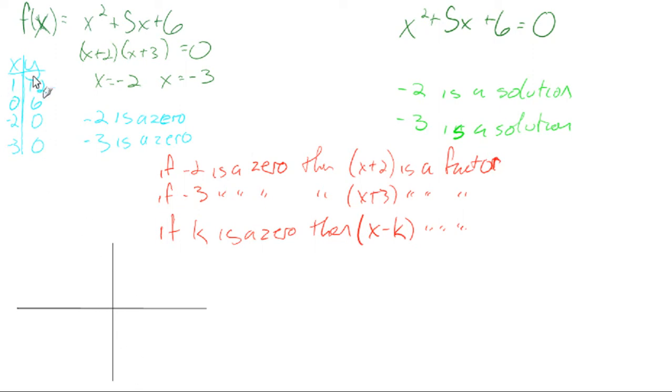So, we have a few solutions here. 1, 12. Let's say that is 1, 12. Then 0, 6. So it would be about halfway up there. Negative 2 and 0. So negative 2 would be something like right there. And negative 3, 0 would be about there. And we could keep plotting all of these solutions.